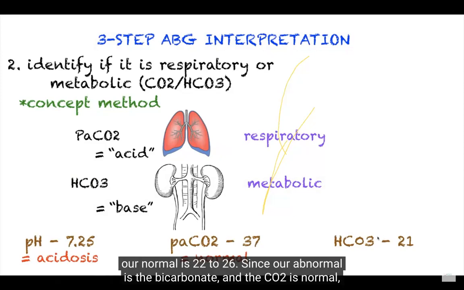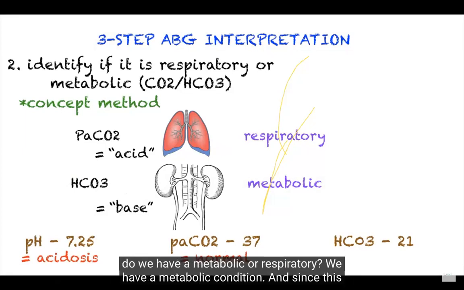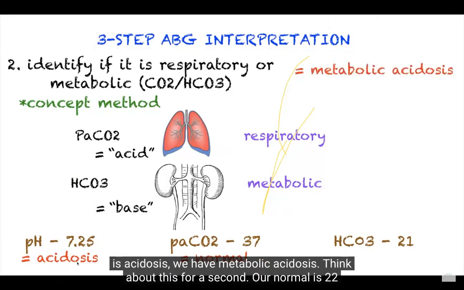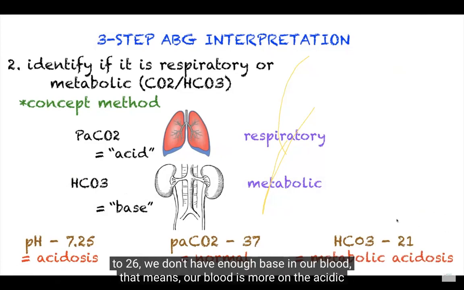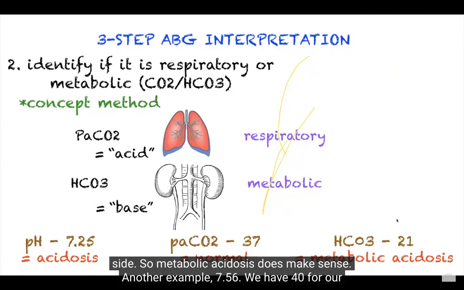Since our abnormal is the bicarbonate and the CO2 is normal, do you have a metabolic or a respiratory? We have a metabolic condition. And since this is acidosis, we have metabolic acidosis. Think about this for a second. Our normal is 22 to 26. We don't have enough base in our blood. That means our blood is more on the acidic side. So metabolic acidosis does make sense.